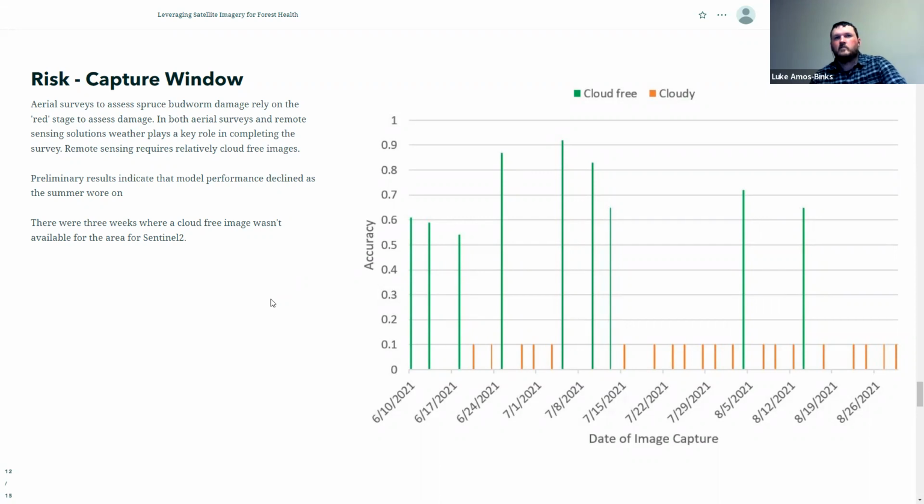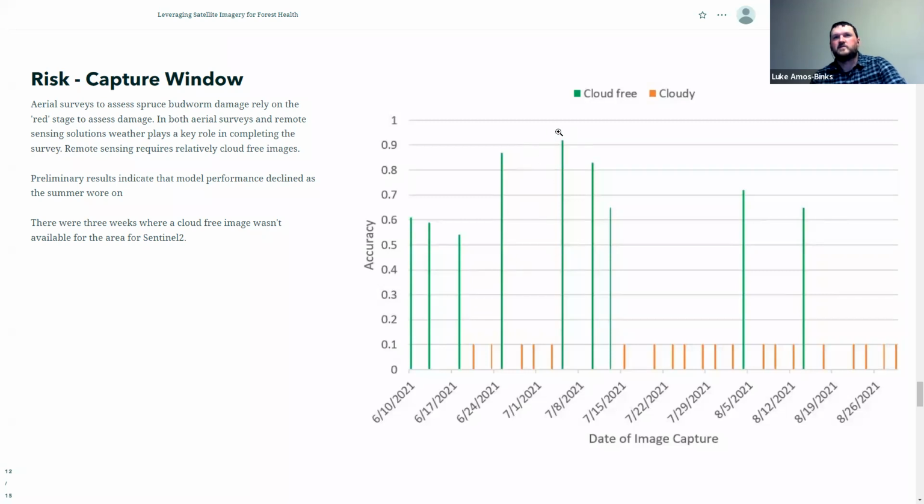So what we did was we took the available Sentinel-2 images across a time series and tried to determine how we can still maintain a certain amount of accuracy when trying to predict defoliation.